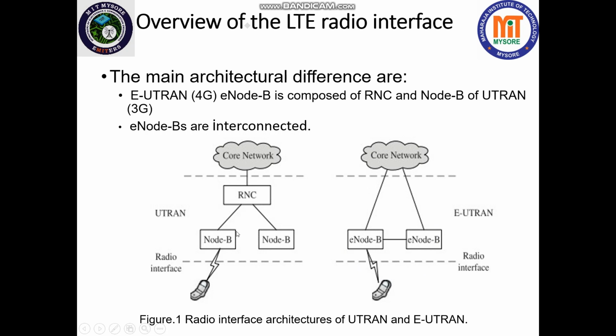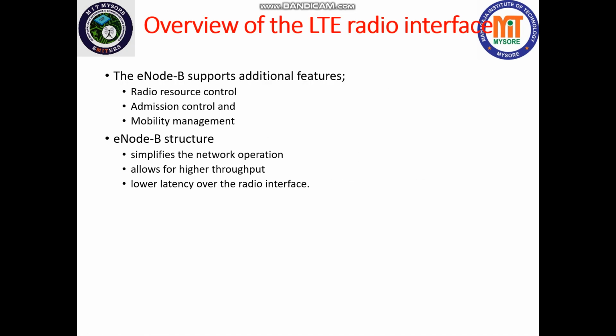What you can see as the difference is that in UTRAN, eNode Bs are connected to a radio network controller. In LTE, the radio network control is inherently implemented into the eNode B, or evolved node B base station. So that is the difference. Two differences: one, the RNC is absent, and another, the eNode Bs are connected to each other.